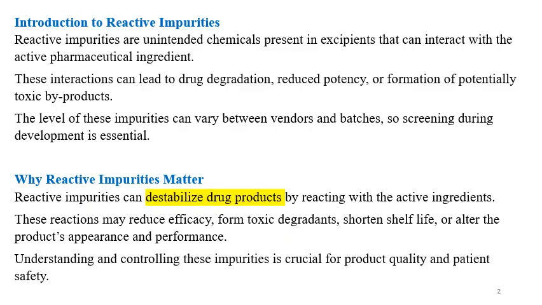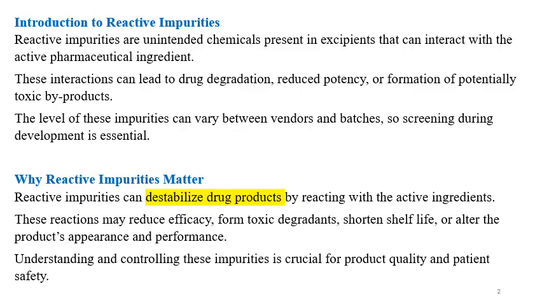The reactive impurities in the excipients can destabilize the drug products by reacting with the active ingredients. As we study the drug-drug interaction or compatibility, we study the drug excipient compatibility. Similarly, the drug excipient compatibility may fail because of these reactive impurities in the excipients.